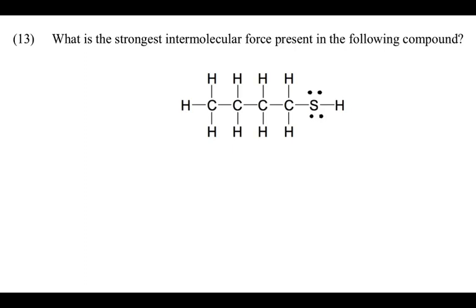One only has CH bonds, okay? That's compound number 1. Compound number 2 has an OH bond, right? So obviously you should see hydrogen bonding immediately. Then we have number 3, which has no hydrogen bonding capability, and number 4 also has no hydrogen bonding capability.